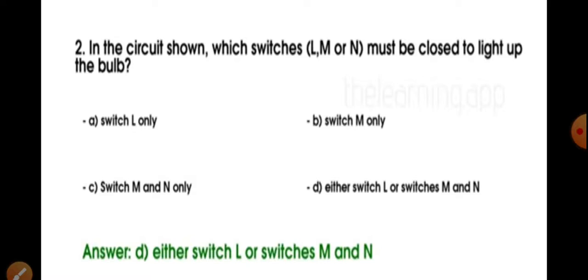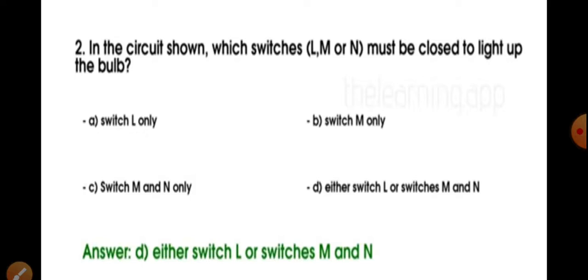Second one, in the circuit shown, in another circuit given in the book, which switches L, M and N must be closed to light up the bulb, so that the light will glow? Option A, switch L only, M only, and then M and N only.